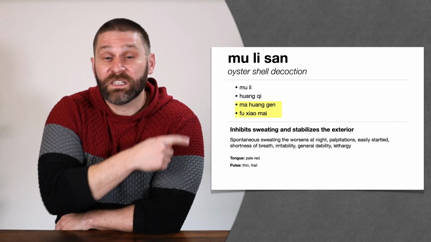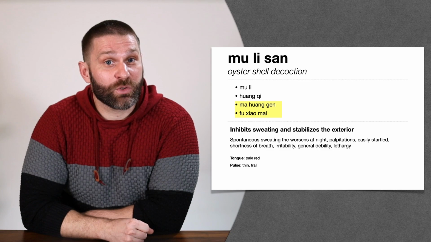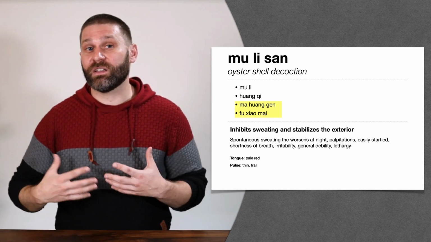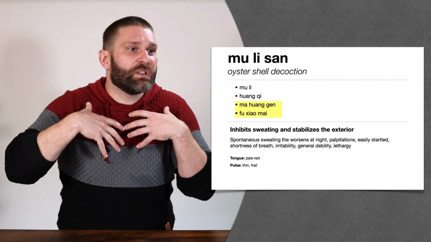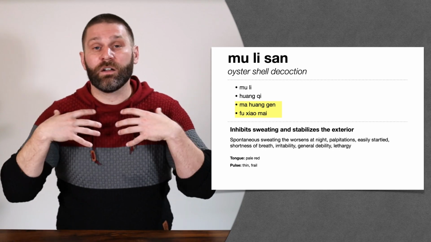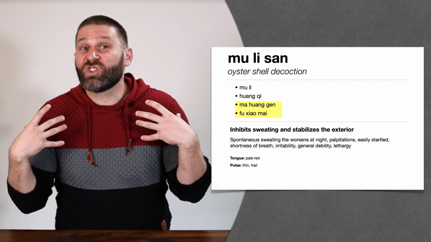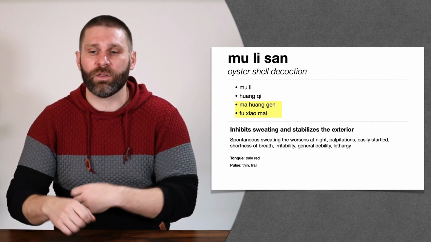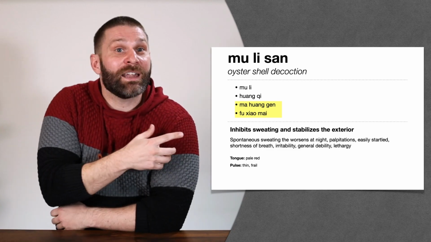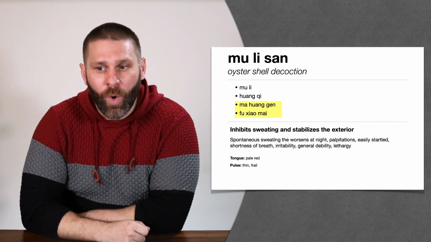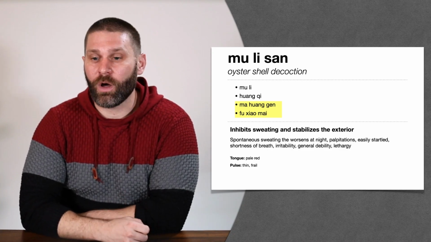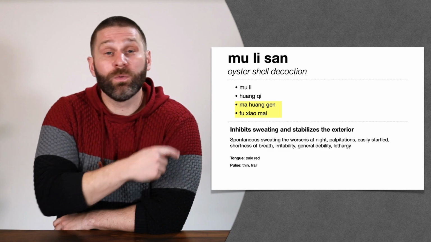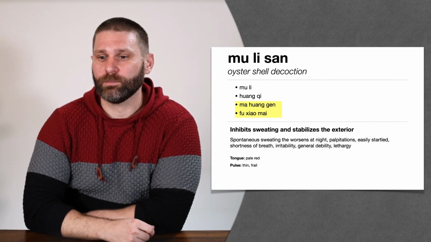Notice Huang Qi is there as well. Huang Qi, astragalus root. Remember, Huang Qi was in the tonify Qi category. It's really good for tonifying lung Qi and spleen Qi, but it has the action of stabilizing the exterior to stop sweating. So Huang Qi is another one that stops sweating. And then we add in our astringent herbs like Ma Huang Gen, the root of the Ma Huang plant, which stops sweating, and Fuxiaomi, floating wheat.